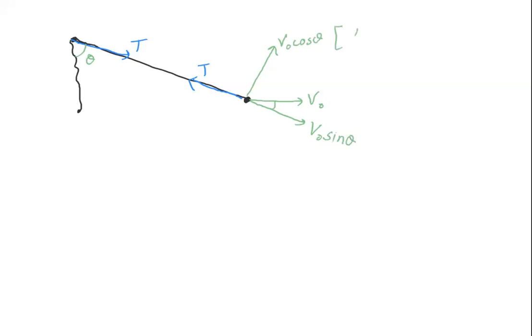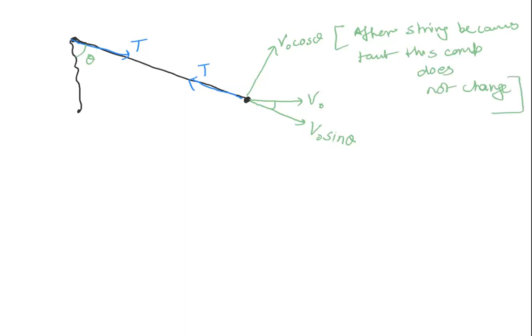Now, after the string becomes taut, this component does not change immediately after. Okay, why does it not change? Well, simply because the impulsive tension is perpendicular.